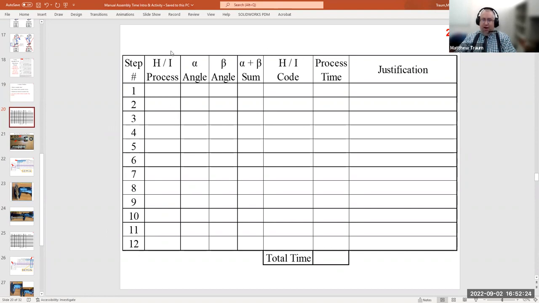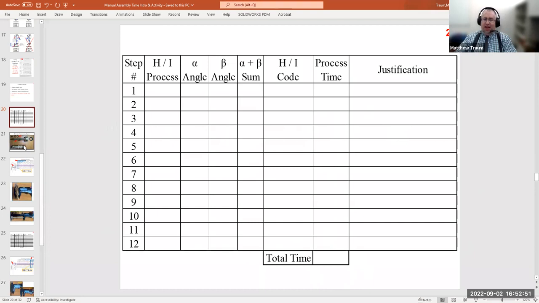So: the step number, the handling or insertion process, alpha angle, beta angle, the sum of those angles, the HI code, and then the process time. Our goal is to fill out each of these rows, and each row is going to have a process time associated with one step in our overall assembly scheme. Then we add up all those process times, and that's the total time to assemble the product. So that's the direction we're going.